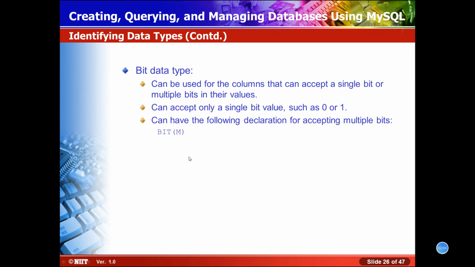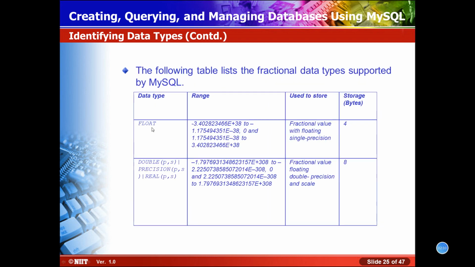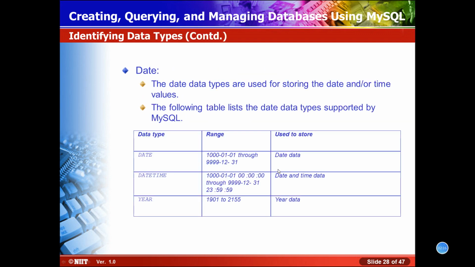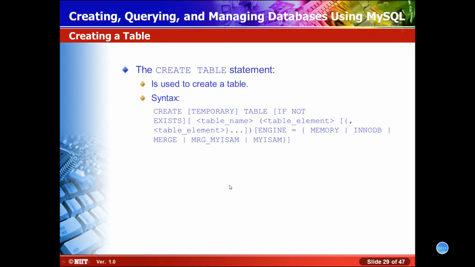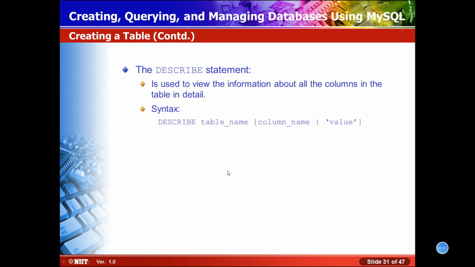Float can hold small numbers, whereas double can hold large numbers. Then we discussed date. So these are the three data types which you can use to store a date. And then we saw how to create a table, and I have also shown you the describe command.